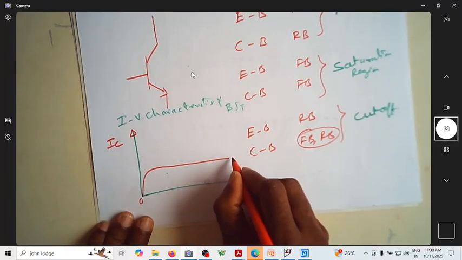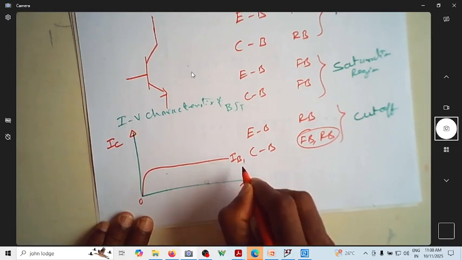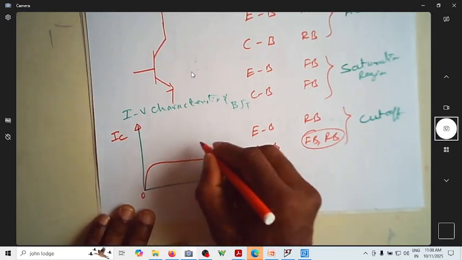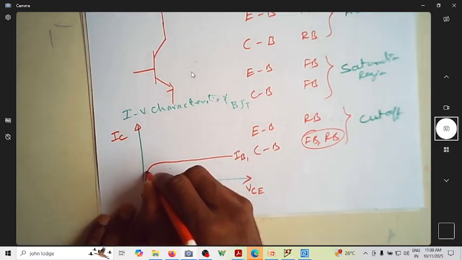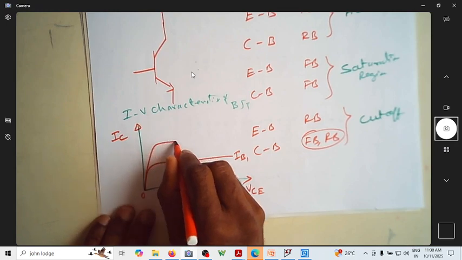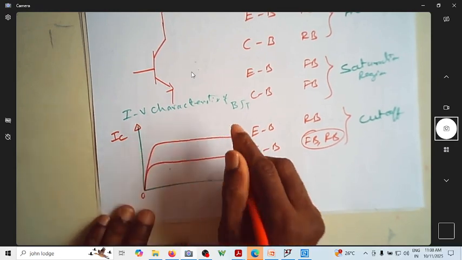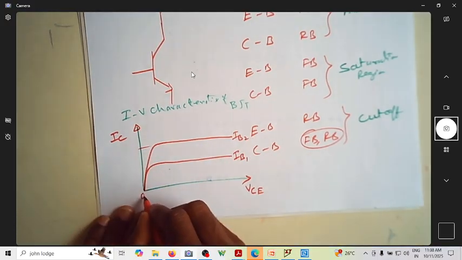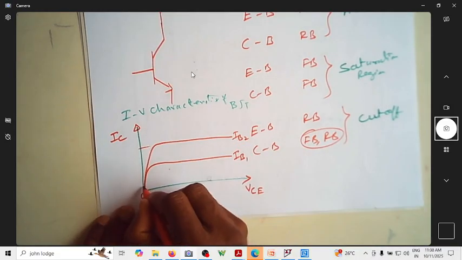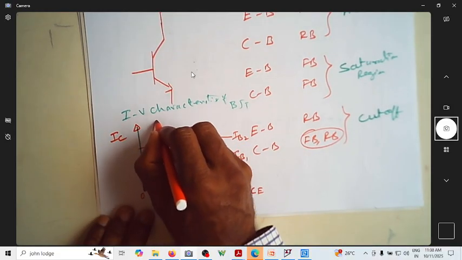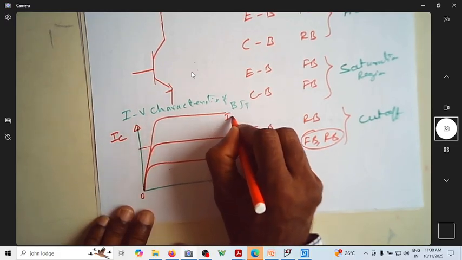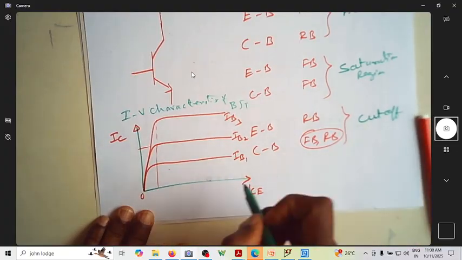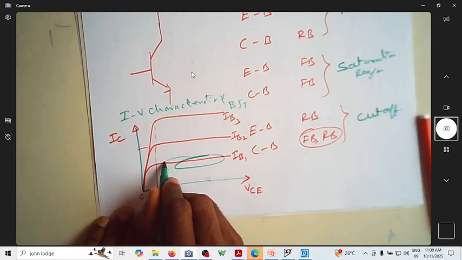This is for a particular value of IB. If you increase the value of IB, the current increases, so this is for a different value of IB. If you increase IB further, it goes like this. This is IB3.